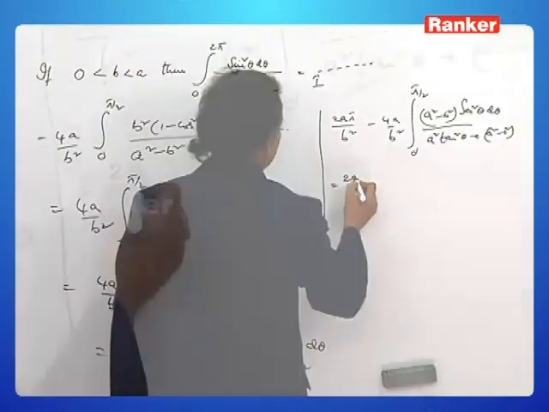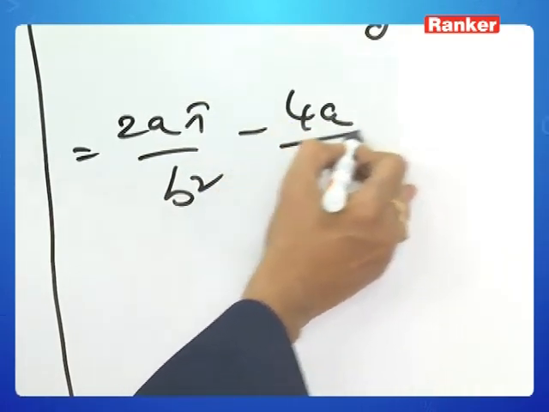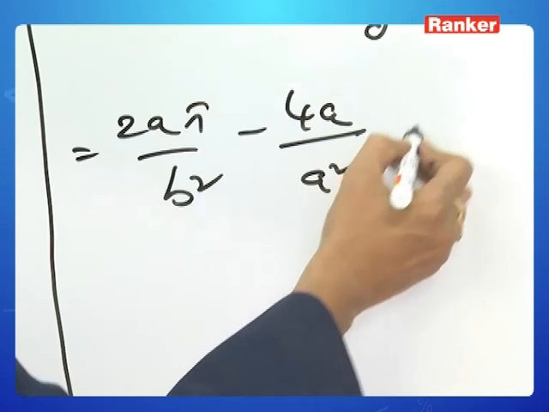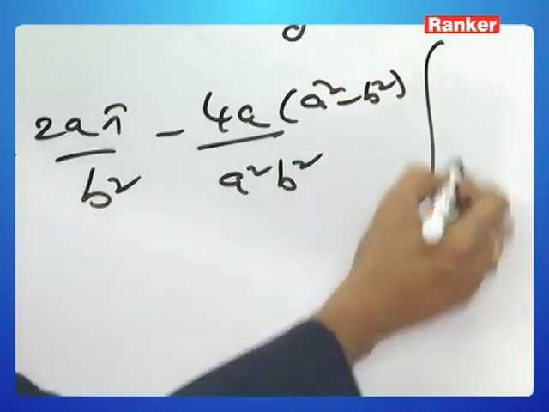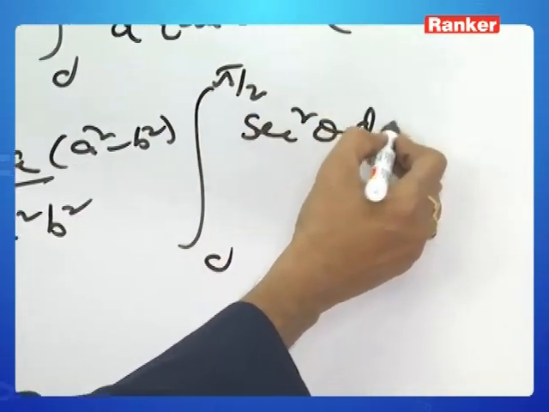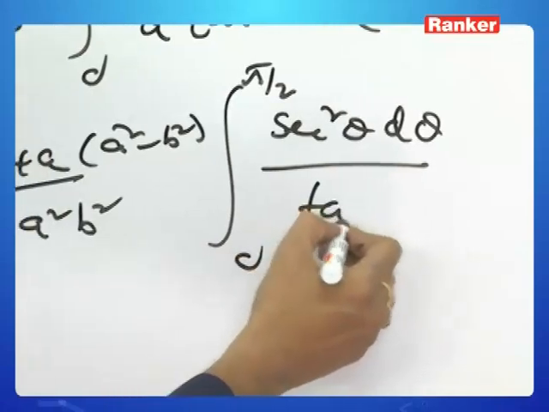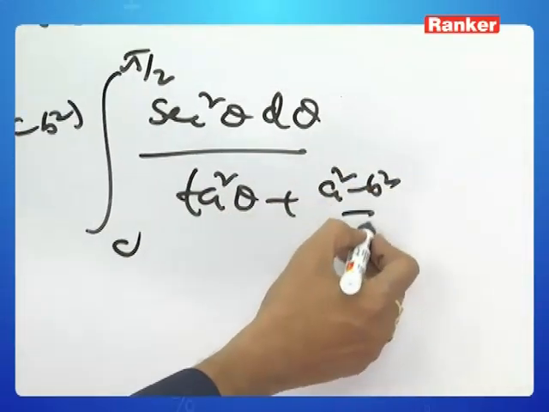Altogether this is 2a pi by b square minus 4a by a square b square into a square minus b square into integral 0 to pi by 2 secant square theta d theta by tan square theta plus a square minus b square by a square.